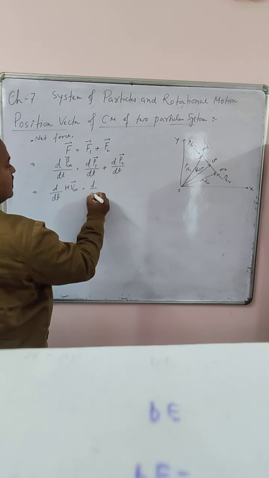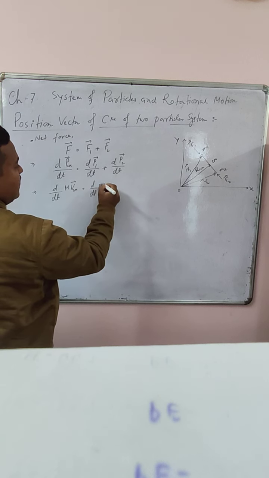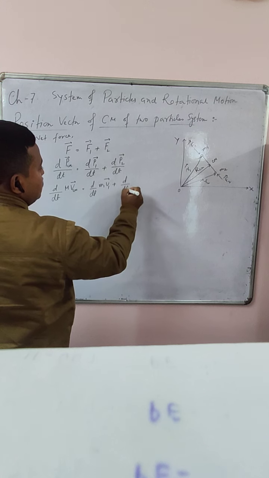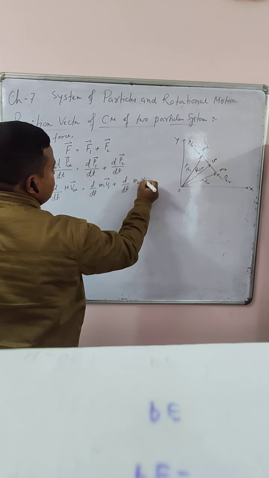Then d of dt, P1 is m1 v1 plus d of dt, P2 is m2 v2.